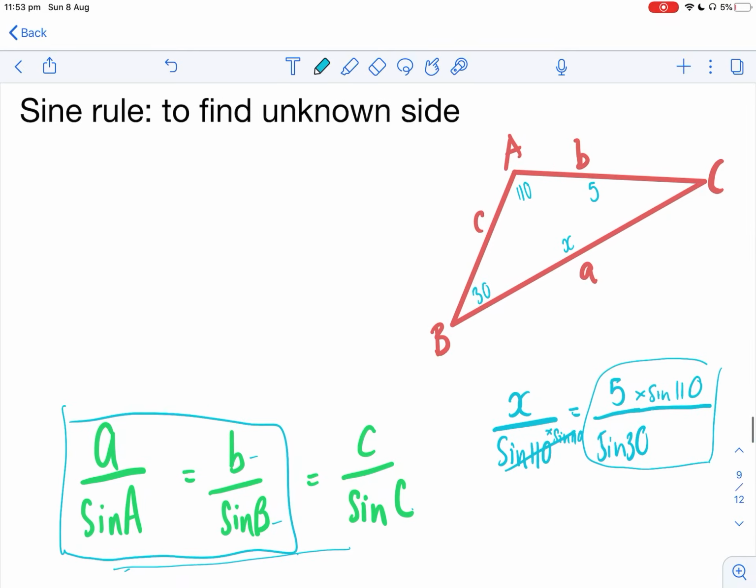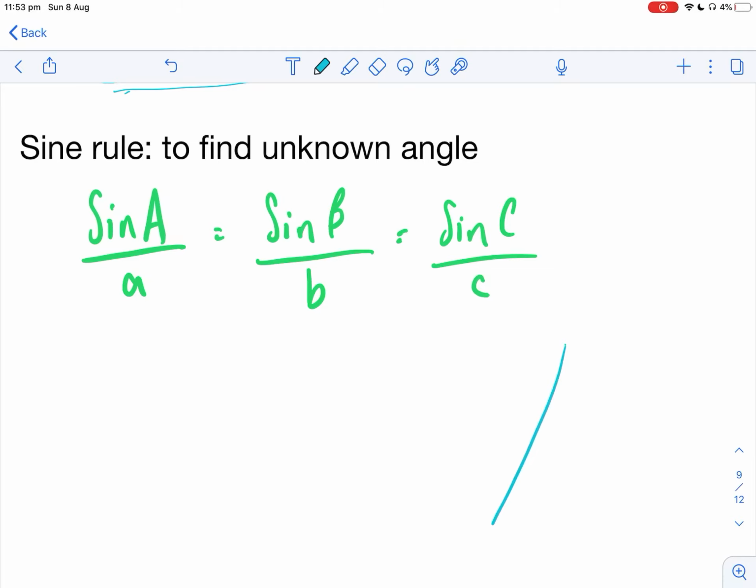So then if you want to find an unknown angle, say we had a triangle like this, and we know this angle is 40, and let's call this one theta. Let's say this length is 7, and this length is 10.